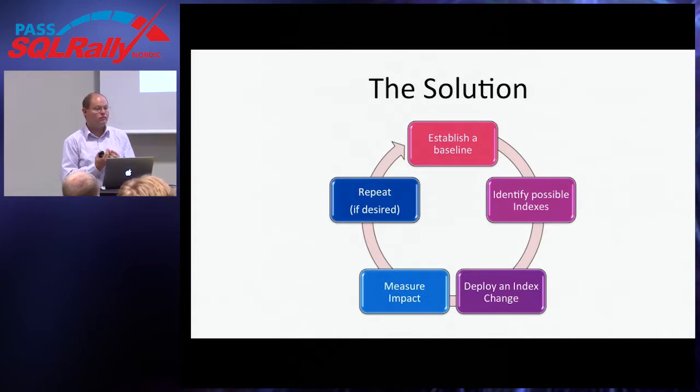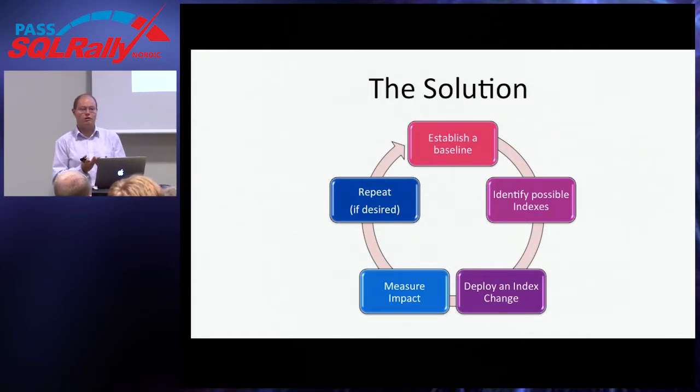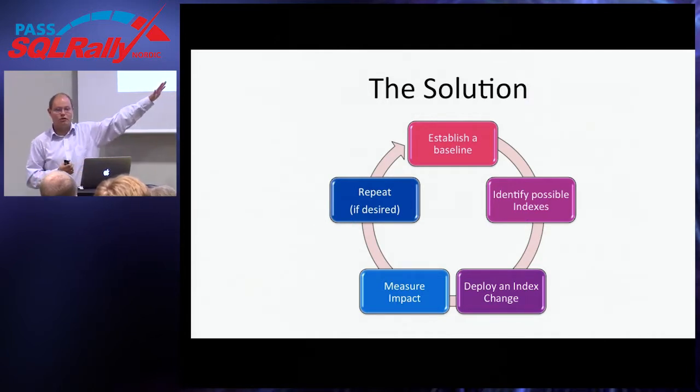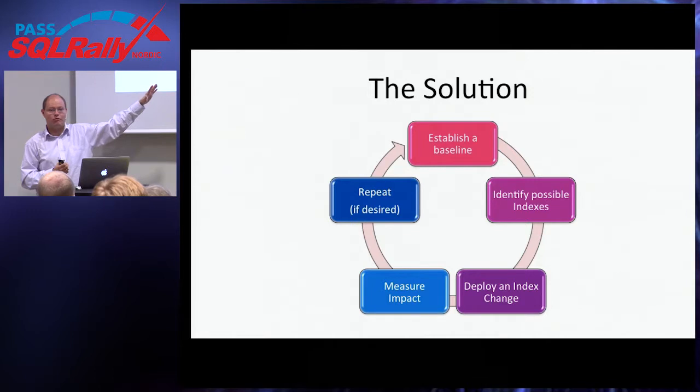Finally, we can compare if the overall performance is better or worse. When the performance is better, we can deploy that index change to production. If not, we have to think about it.